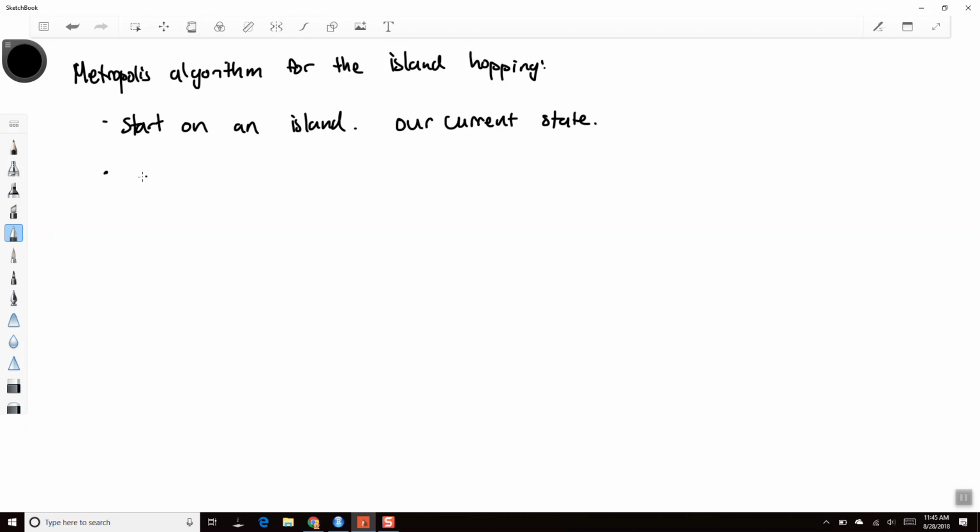Okay, we will propose going to another island. And so our proposal needs to be symmetric. For the Metropolis algorithm, the proposal needs to be symmetric. I'll explain this fully, but just for now, a simple proposal will be this.